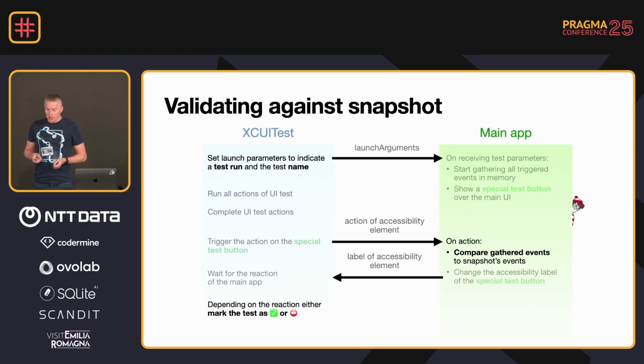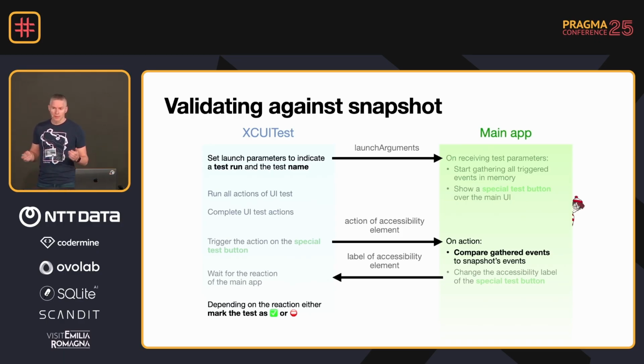The difference is that we don't pass a flag to indicate that we're recording, and instead, when the action on this special element is invoked, we compare the gathered events with events from the snapshot and change the accessibility label with a special message which indicates either success or the reason of failure. And based on this change, our test will pass or fail.